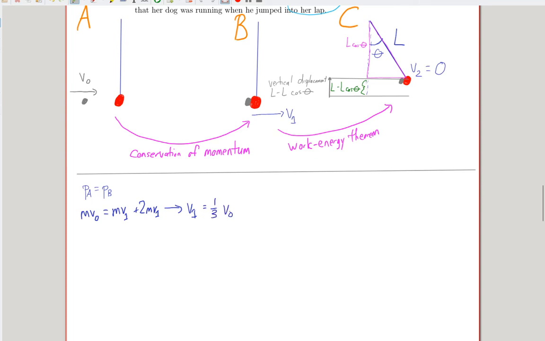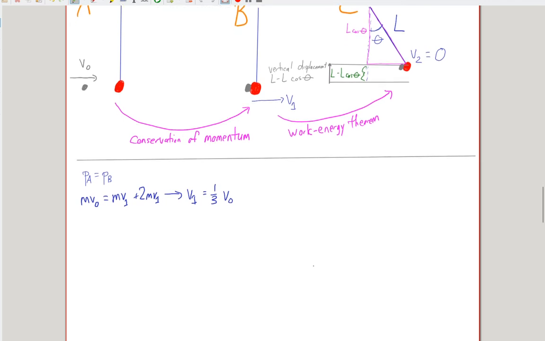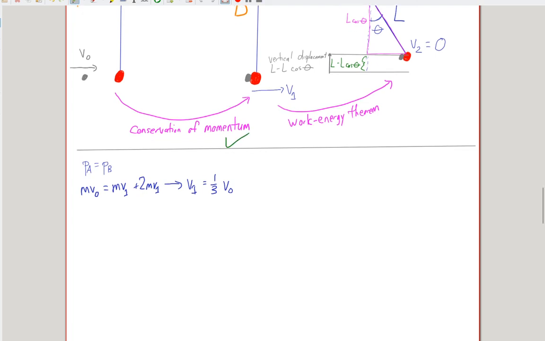Yep, that's right. So the conservation of momentum part was pretty easy. We have done that. This lets us understand the relationship between A and B, and thus how v0 relates to v1.